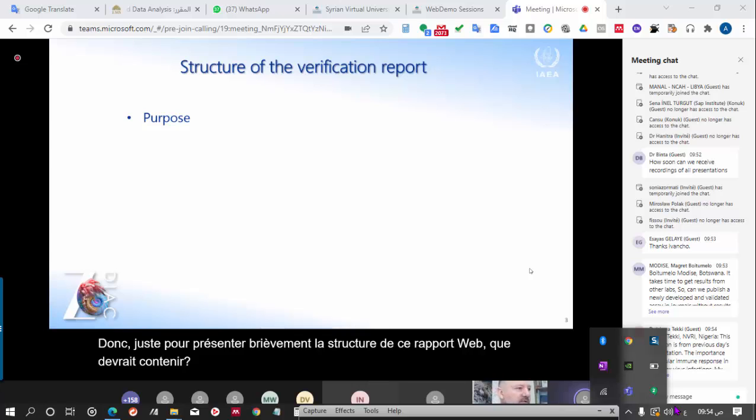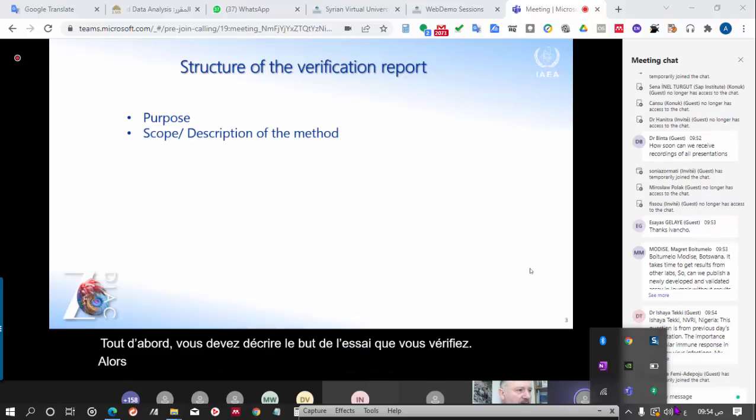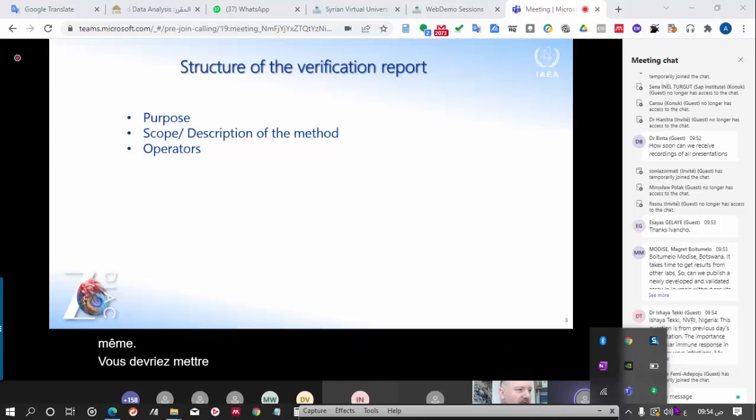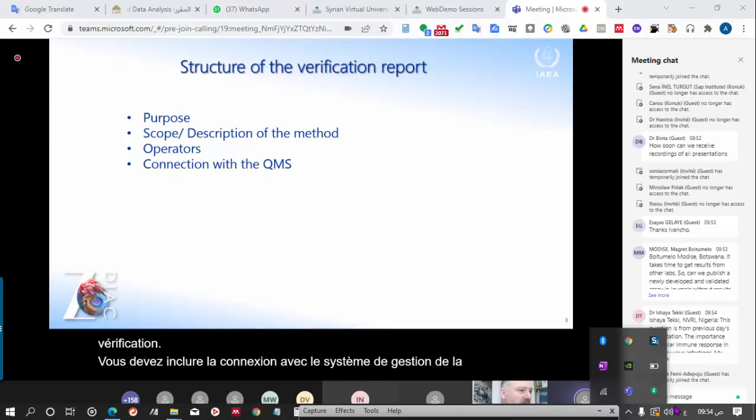So first, you should describe the purpose of the assay that you are verifying. Then you should describe the scope and the description of the method itself. You should put the name of the operators involved in the verification study. You should include the connection with the quality management system that you have in place in your laboratory.